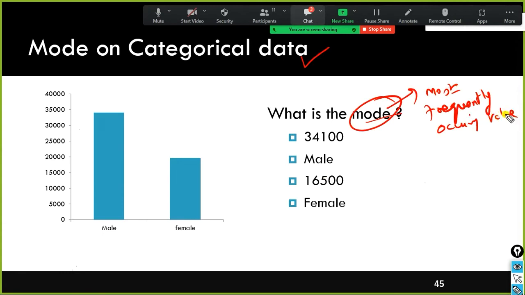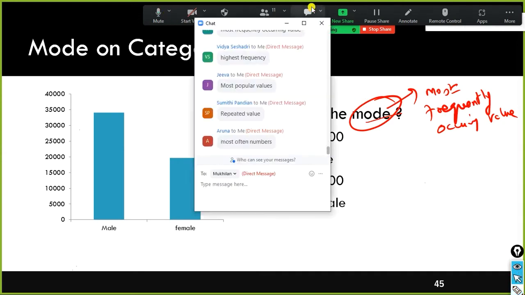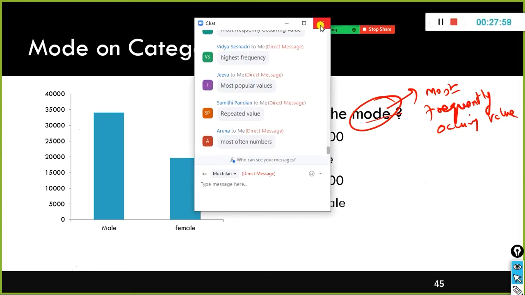Most frequently occurring value. Okay, now you tell me what is the mode. Which value is occurring more frequently? Okay, somebody typed. Let me see how it is. Okay, repeated value. Yes, most popular values. Yes, Jiva, correct.